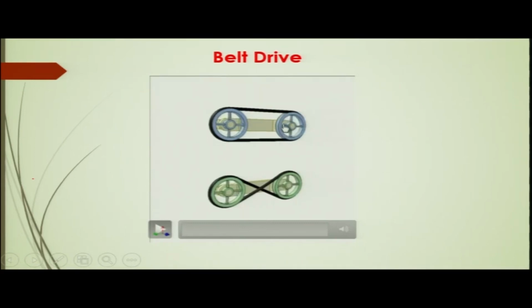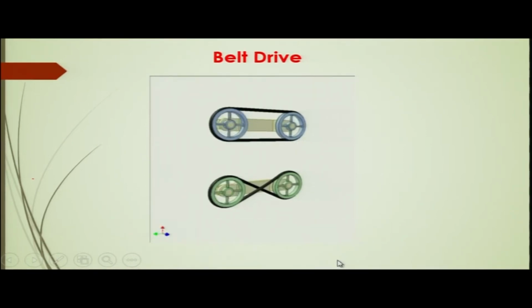When this is a smaller diameter pulley and this is a bigger diameter, the transmission ratio is less.